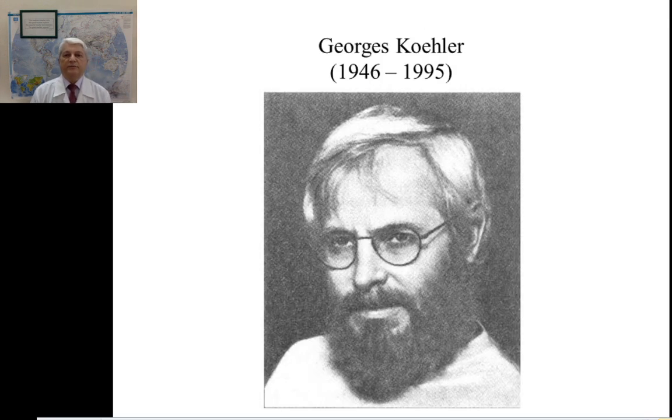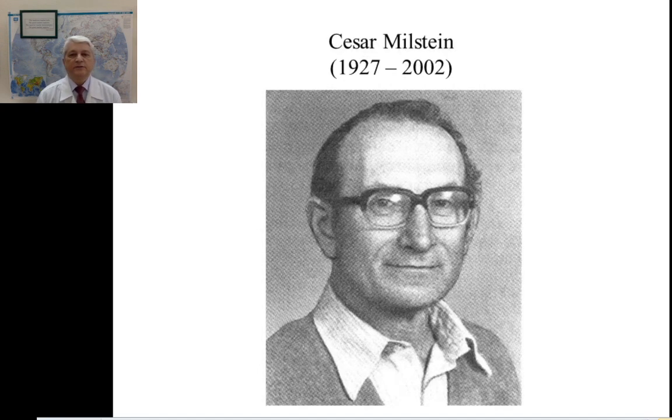First is Georg Köhler. Sometimes we say George Köhler. He is from Germany, and he worked in Great Britain, and he made his discovery in Great Britain. Georg Köhler. And second one is Cesar Milstein.